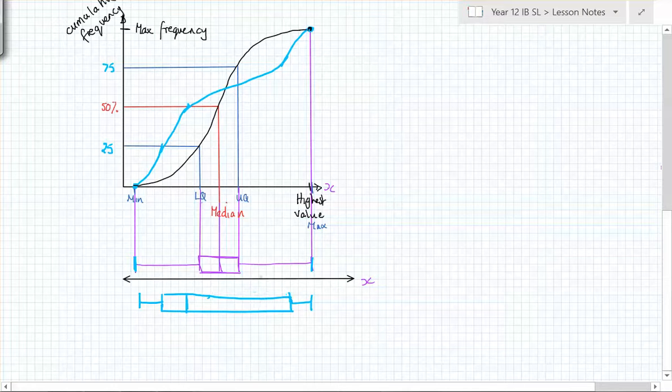Now what that means is you can look at cumulative frequency and discuss the distribution of the data and how it's spread out, again in terms of quartiles and things like that. Now again, this classic shape of cumulative frequency suggests what about the data?